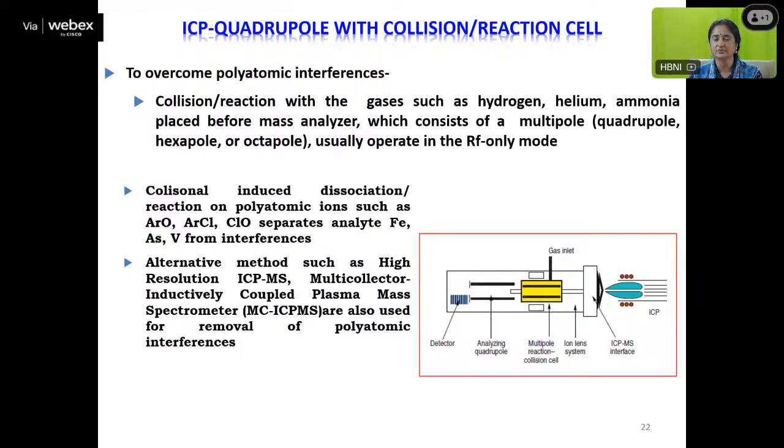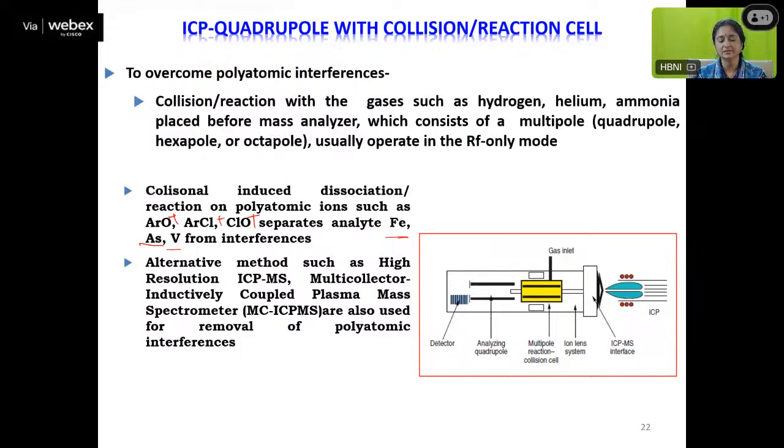You have seen that a quadrupole operates in both RF and DC mode, but here the reaction cell operates in RF only mode. Collision induced dissociation reactions on polyatomic ions such as O2+, ArCl+, ClO+ separate them from the analytes iron, arsenic, vanadium, etc. So interferences will be removed.